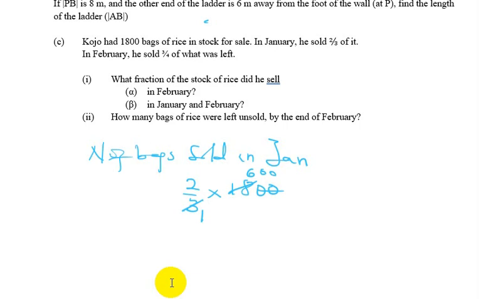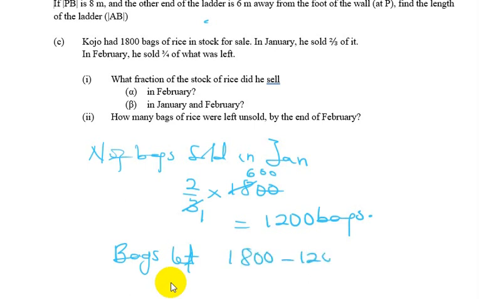So in January alone, 1,200 bags were sold, okay? So we have to know the number of bags left. If he sold 1,200, so 1,800 minus 1,200, we will see clearly that 600 bags are left.